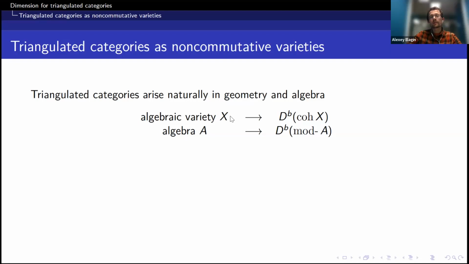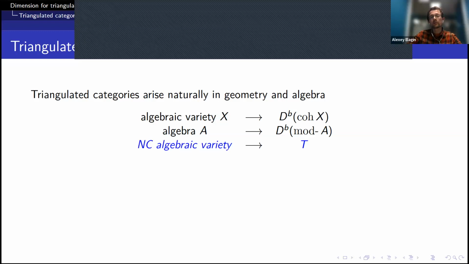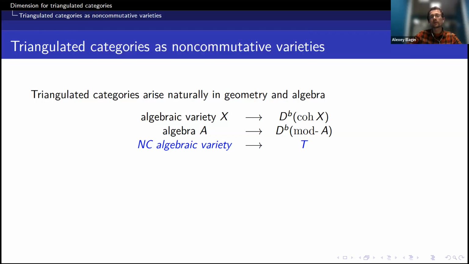In this manner, sometimes it can be reasonable to consider also more general triangulated categories and to think that they are also categories of sheaves on some non-commutative algebraic varieties. These varieties do not exist, but we can assume that they have a derived category of coherent sheaves, and this category is just some triangulated category T having some nice properties similar to the properties of categories coming from genuine varieties.